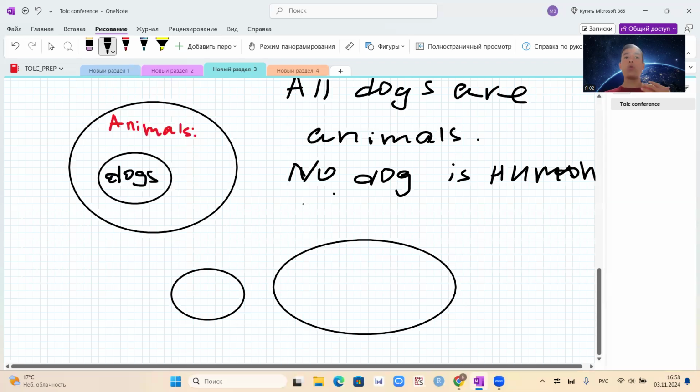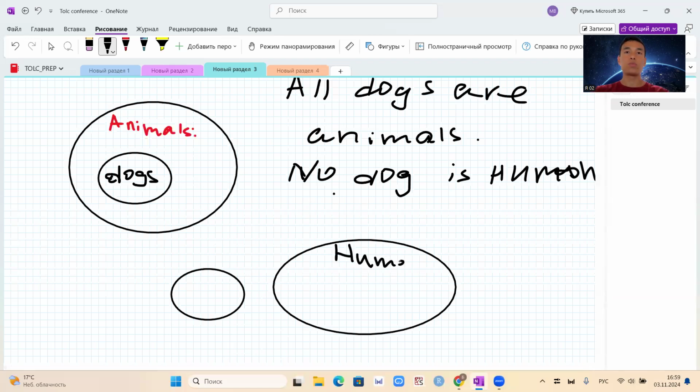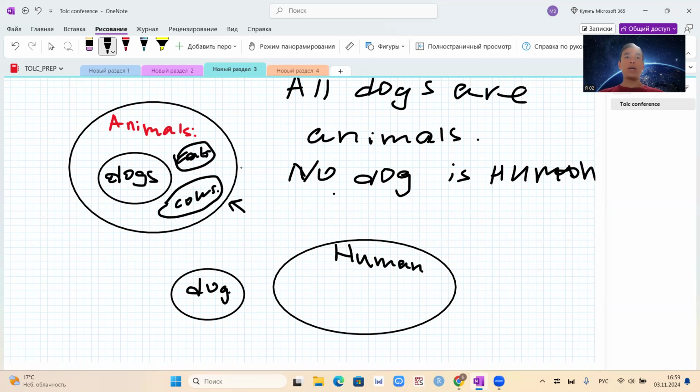It implies that no group of dogs is inside the group of humans. Going back to the set of animals, inside animals there can also be cats or cows and other kinds of animals. And sometimes there can be a collision between two sets.